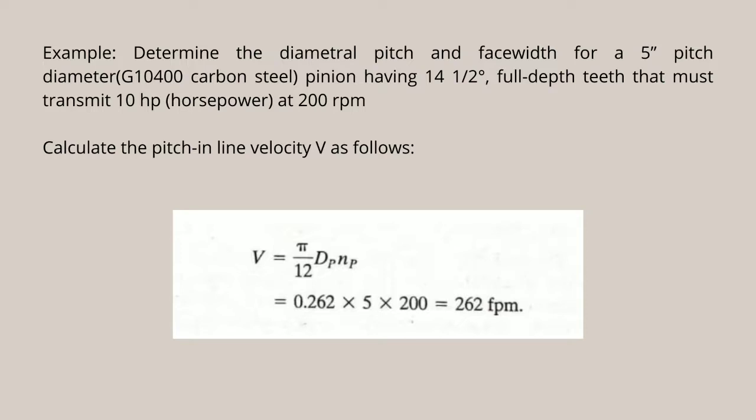Calculate the pitch line velocity V as follows. V is equal to pi over 12 d P n p, which is equal to 0.262 times 5 times 200, which is equal to 262 fpm.